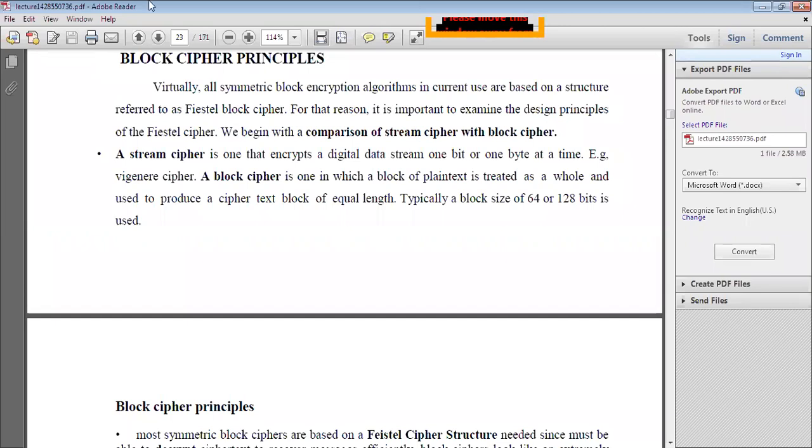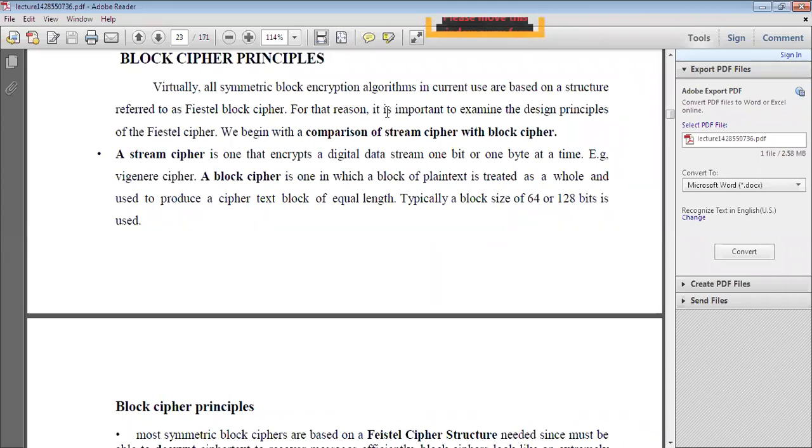First one, block cipher. Block cipher means simply the entire plain text you have to divide into blocks. Whenever you consider 64 or 128 or 256, we have to consider the type of the block. For a 64-bit block, you divide the entire plain text into a number of 64-bit blocks.